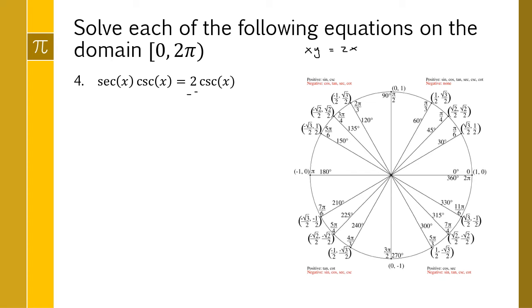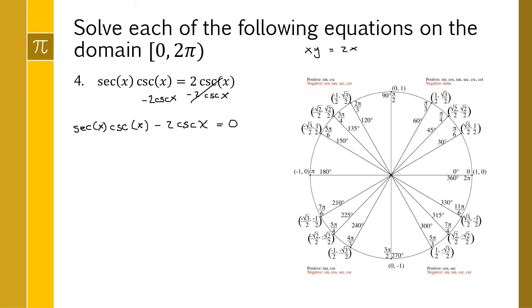So I'm going to subtract 2 cosecant of x from both sides of the equation so that I have secant of x times the cosecant of x minus 2 times the cosecant of x, and that's equal to 0.